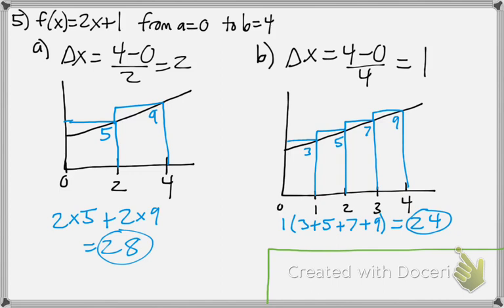If you check out the information on the worksheet about the definition of the definite integral, it talks about how we want more and more rectangles, so 100 rectangles, 1,000 rectangles, which leads us to using limits and having an infinite number of rectangles.